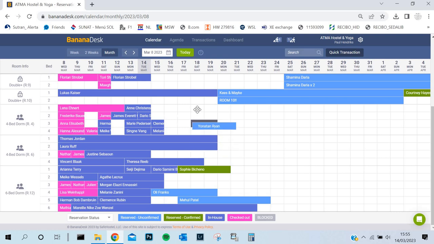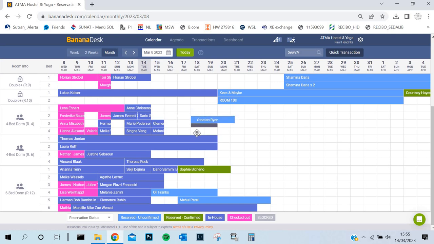So I cannot just move him around within the room on another line, but I can, in this case, put him also in room 6 instead of in room 4, because that's also a 4-bed dorm. If he goes onto booking.com and he books a 4-bed dorm, he doesn't know yet if he's going to be in room 4 or room 6. I can still move him around as long as he's not here yet. So I can move him into room 6 if I want.